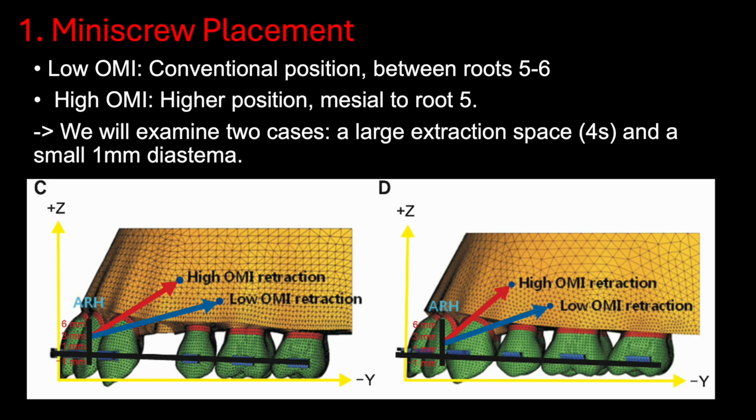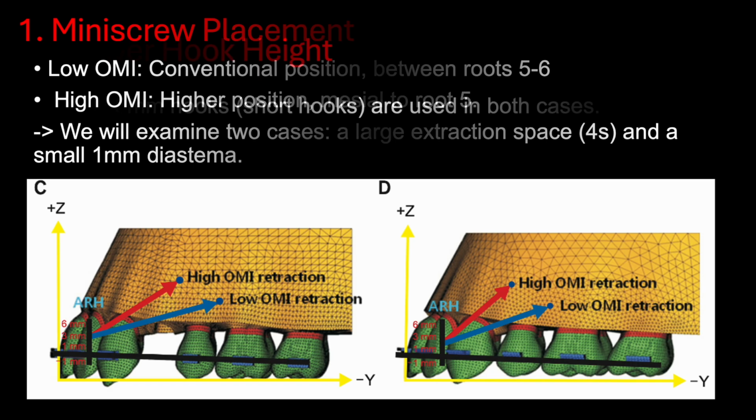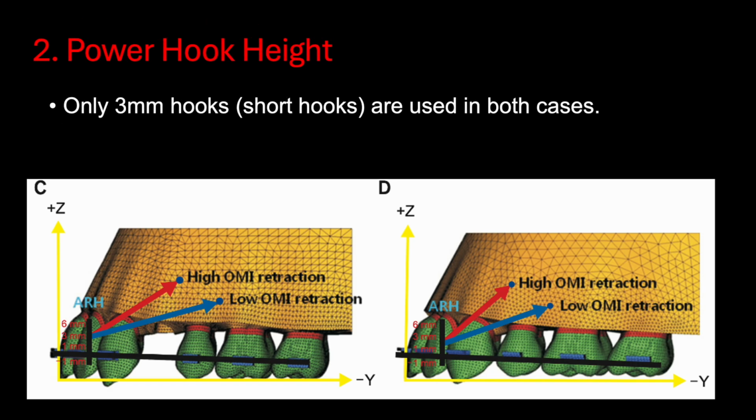We're going to examine two cases with a large extraction space, where we extract tooth number 4. We always use short hooks, about 3 millimeters, in both cases.